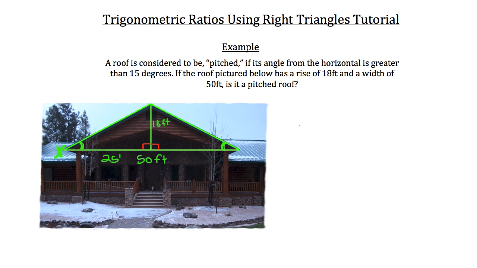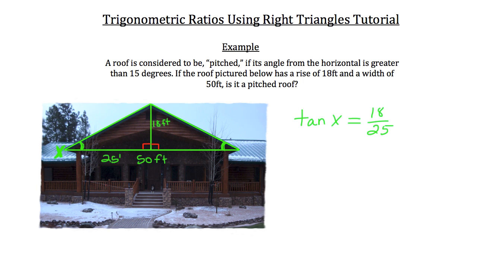So I'm going to say that the tangent of angle X here is equal to the opposite side of angle X, which is 18 feet, over the adjacent side of angle X, which is 25 feet. So here's our trig ratio. The tangent of angle X is equal to 18 over 25, and we want to solve for X. So I'm going to take the inverse tangent of both sides.